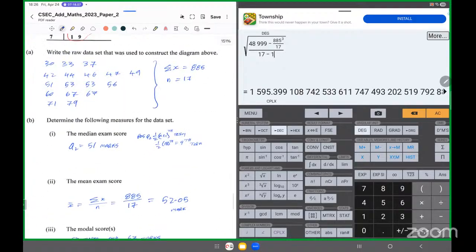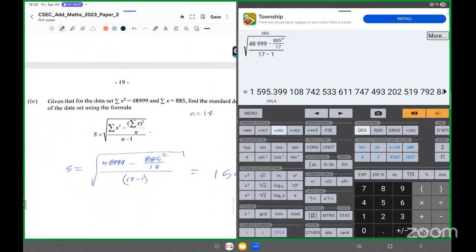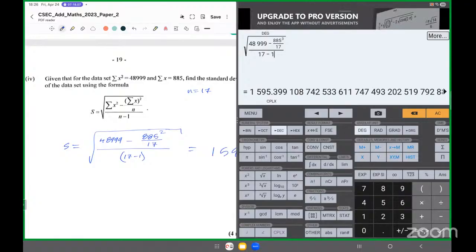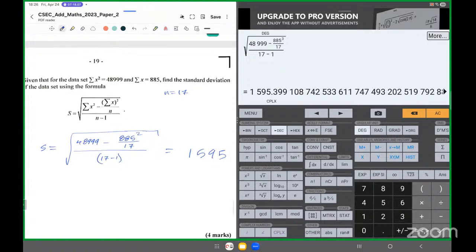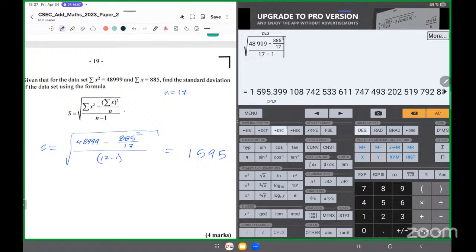That standard deviation looks big. Over cube, oh, I don't have a square root, over 16. Something looks foolish there, but don't accept it.